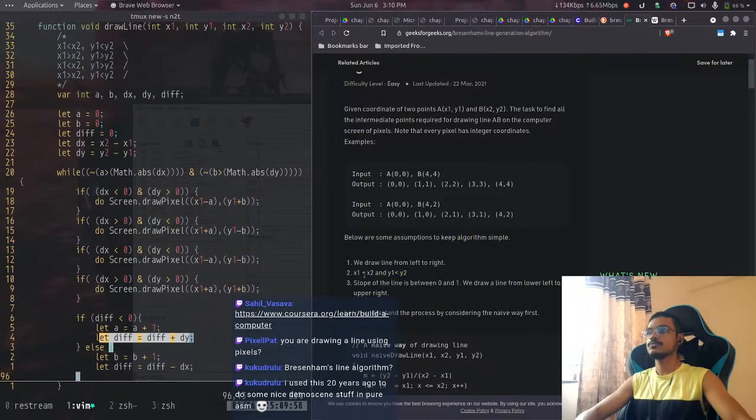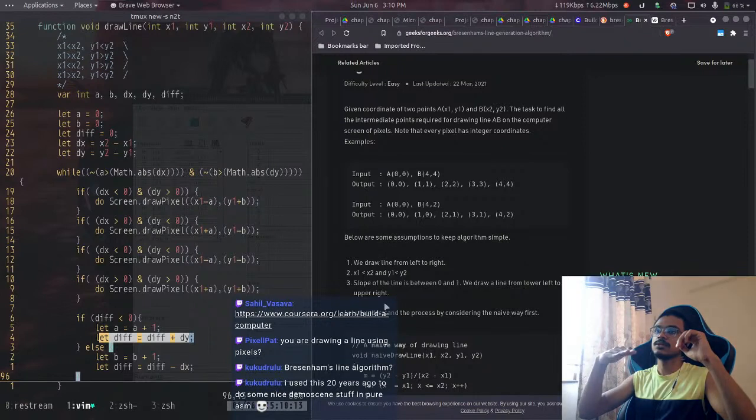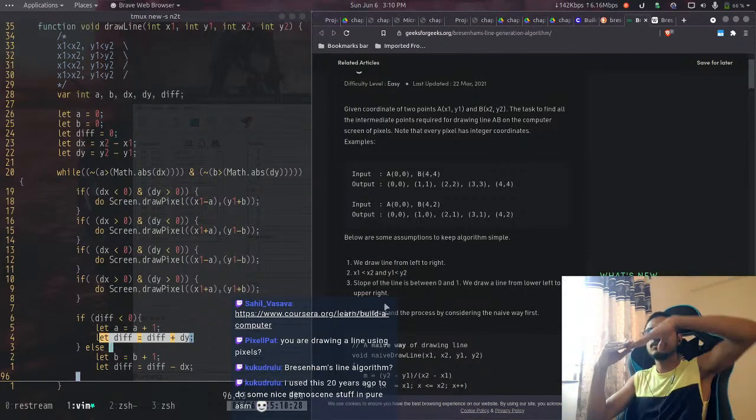Okay, so x1 less than x2, y1 less than y2. We draw a line from left to right. Slope of the line is between 0 and 1. 0 is this and 1 is like this. Right? I don't know.